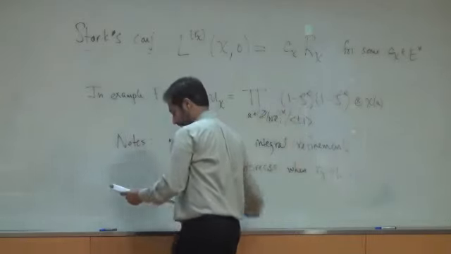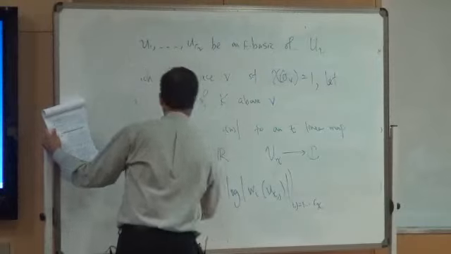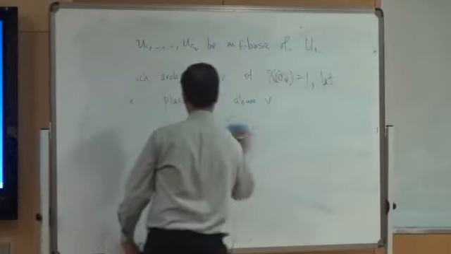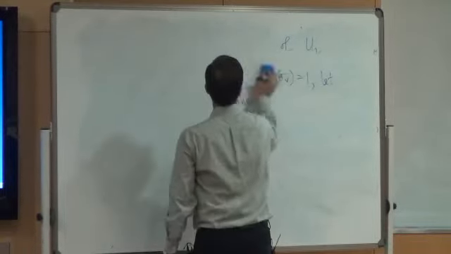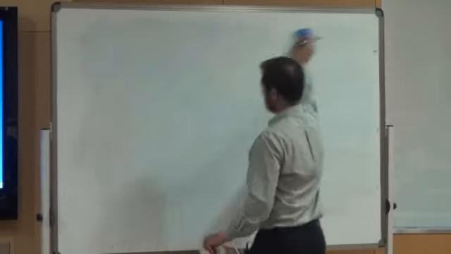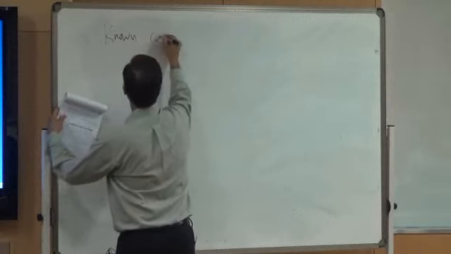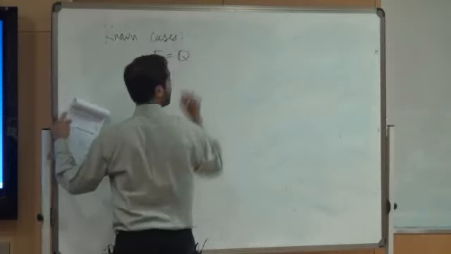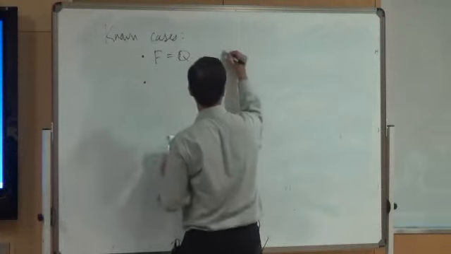Okay, and then the last 30 seconds, let me just tell you what's known about it. Okay, so known cases. So the first is F equals Q. We just worked that out today. We did that in the lecture. Okay. So this is the theory of circular units.